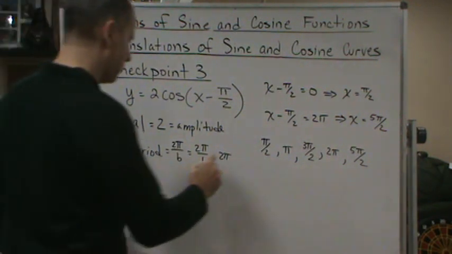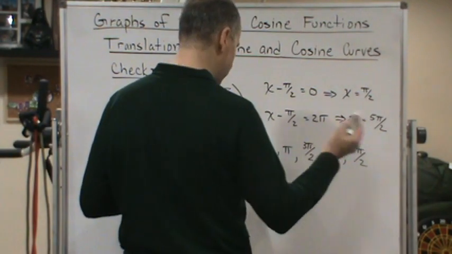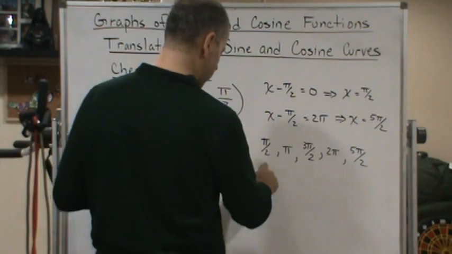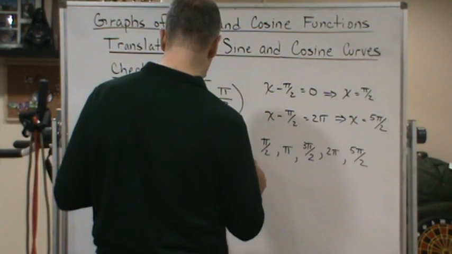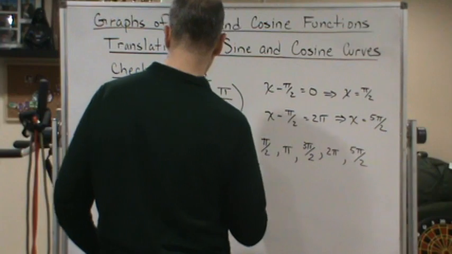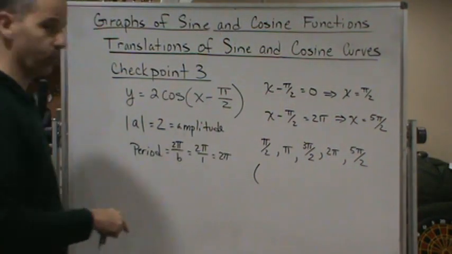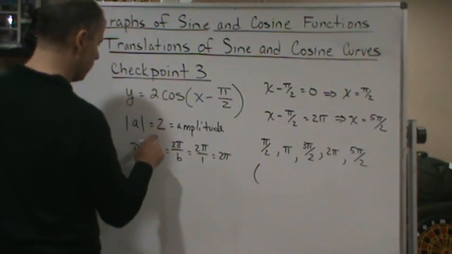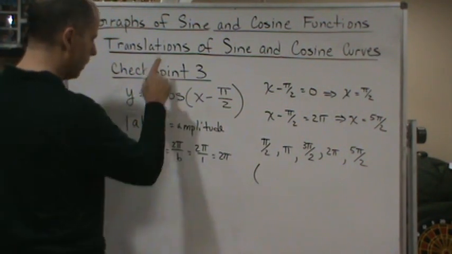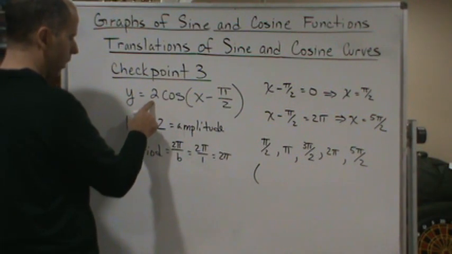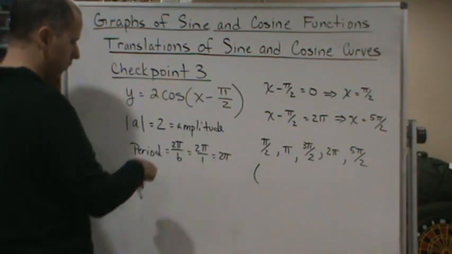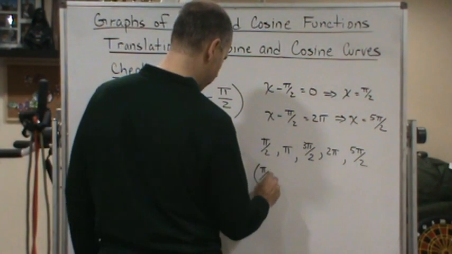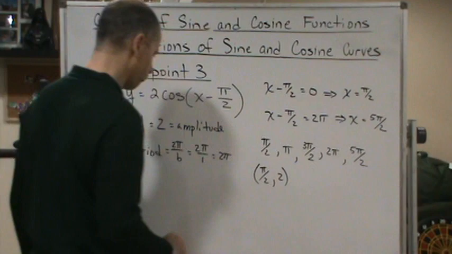Okay, so we haven't done this yet, but it's been implied, so let's just write it out. Our first point is going to be, since it's cosine, it starts at 1. Oh, actually, no. This one is going to bounce back and forth from 2 to negative 2. So our first point is going to be pi over 2 comma 2.